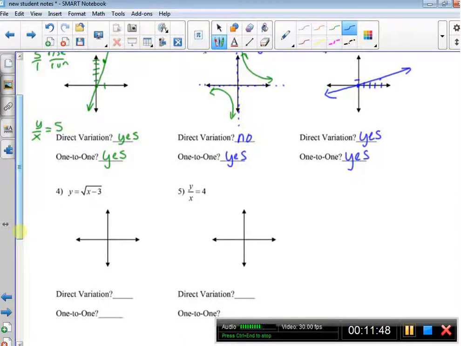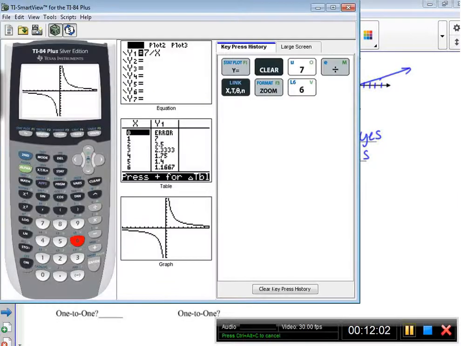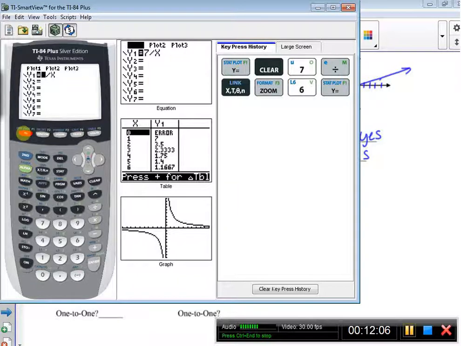Next, y equals the square root of x minus 3. If you graph that, it's going to be over here at 3, 0, and it kind of goes off in that direction. So y equals the square root of x minus 3.